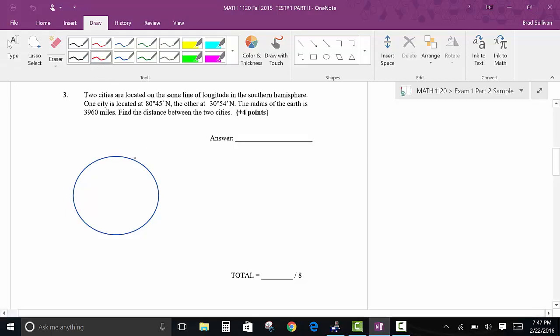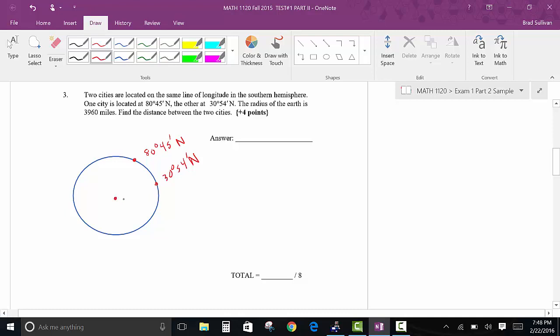So one of these latitude lines is 80 degrees 45 minutes north. The other one is 30 degrees 54 minutes north, like this. Okay, and then we're trying to find the distance between these 2 cities.